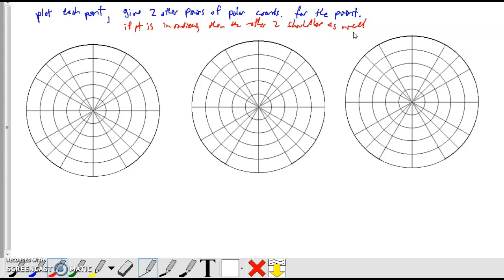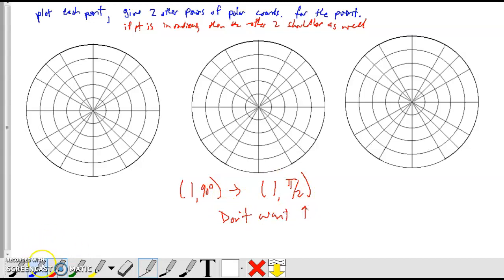So what I don't want is, for example, if I say the point that we're going to draw is 1 comma 90 degrees, and then you write out your next point as 1 comma pi over 2. Yes, technically these are the same point, but if we started out with degrees, we want to continue with degrees. So this is what I don't want.